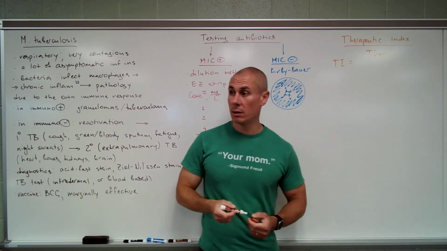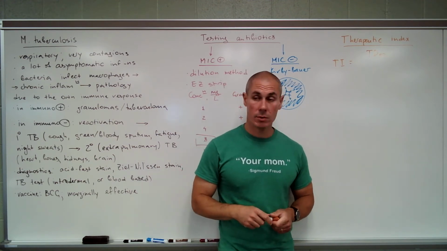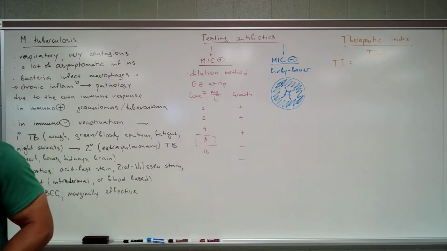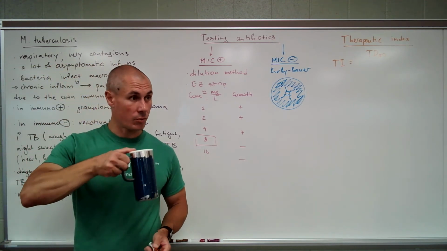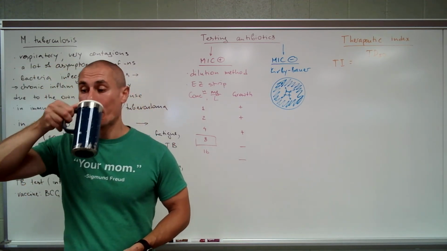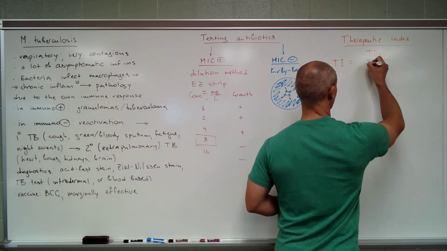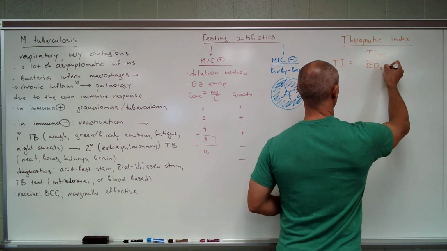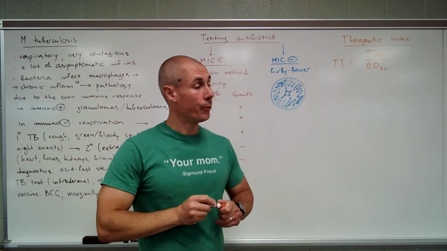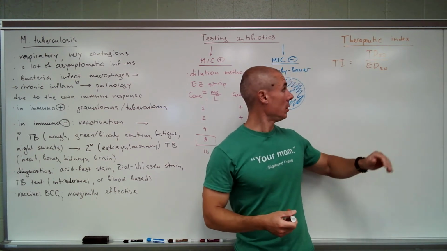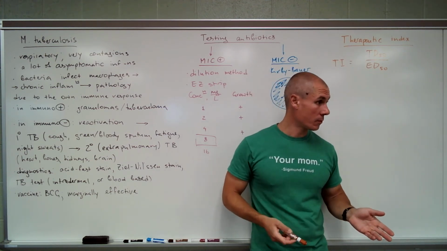And every drug has an effective dose that produces a therapeutic effect in 50% of all treated patients, or ED50. So therapeutic index is the ratio between median toxic dose and median effective dose.